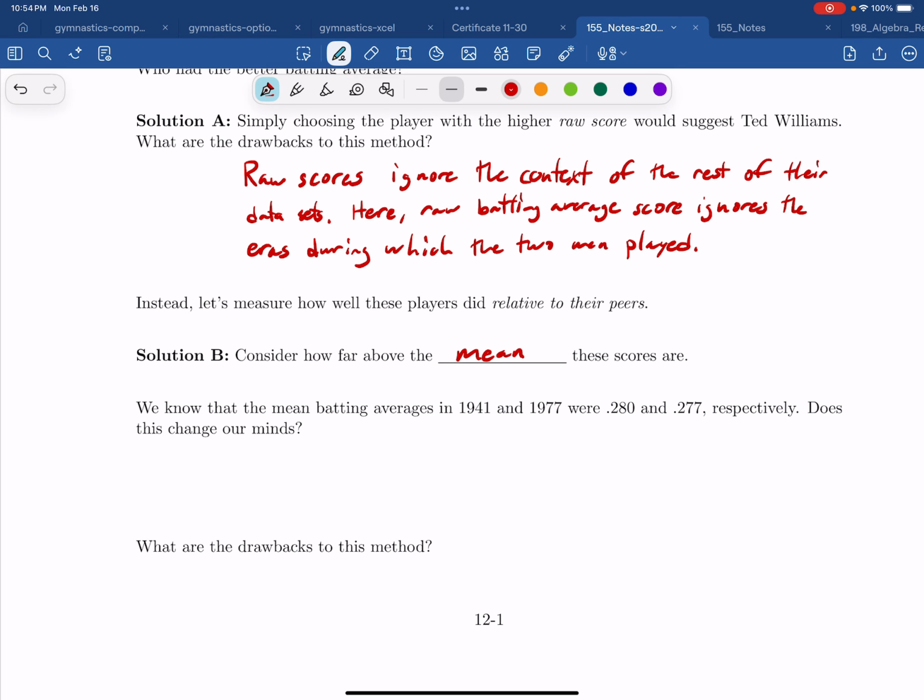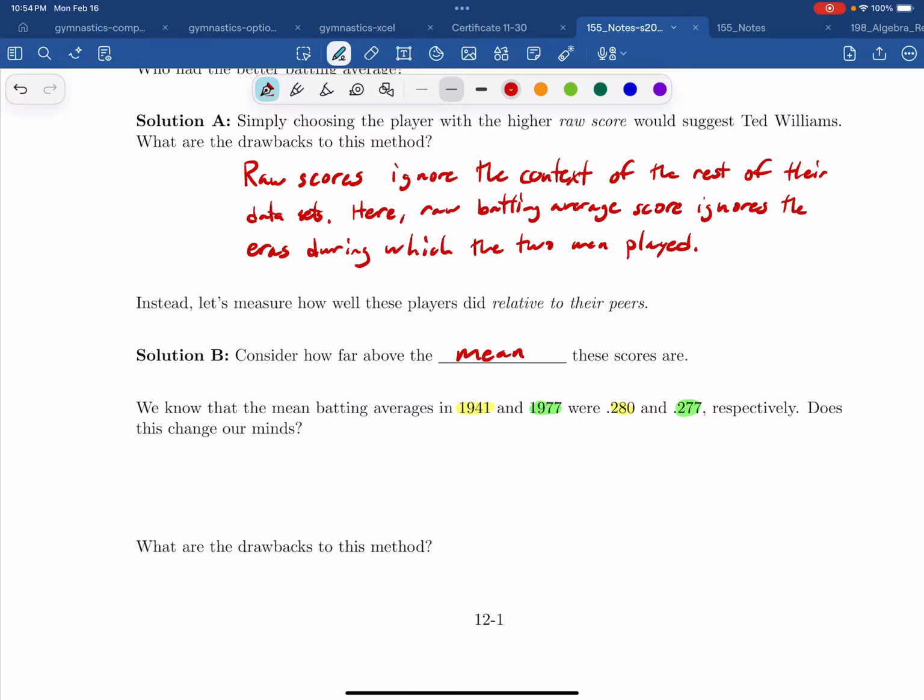So it turns out, you can crunch the numbers yourself, but the mean batting average in 1941 was 280, and the mean batting average in 1977 was 277. So I'll just do a little bit of subtraction.